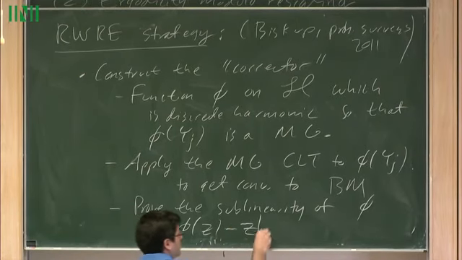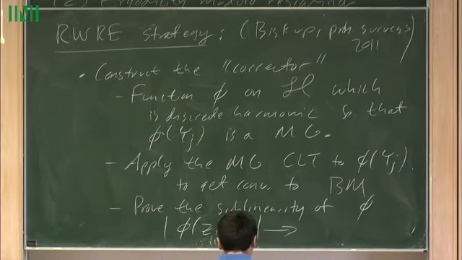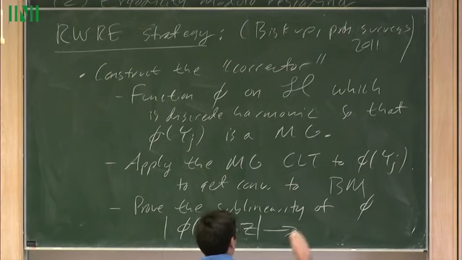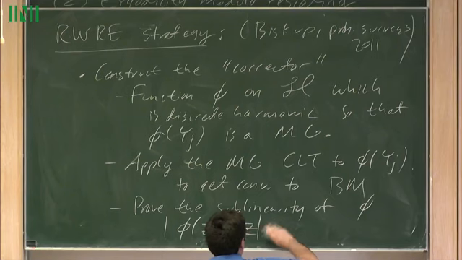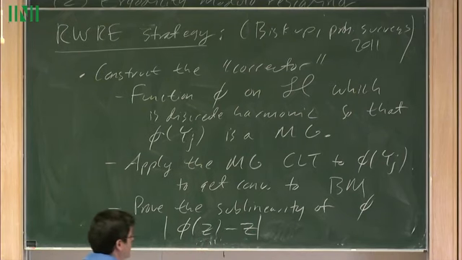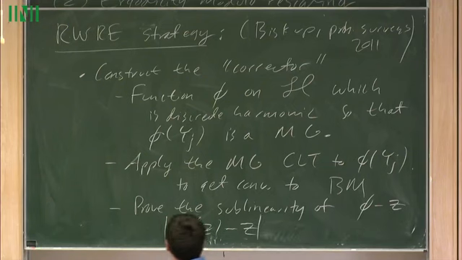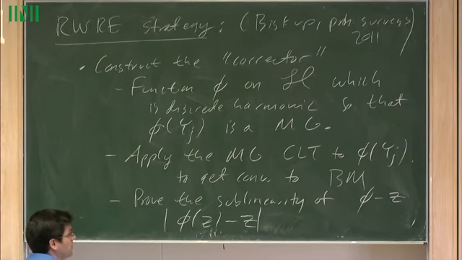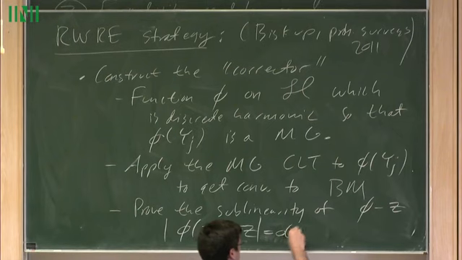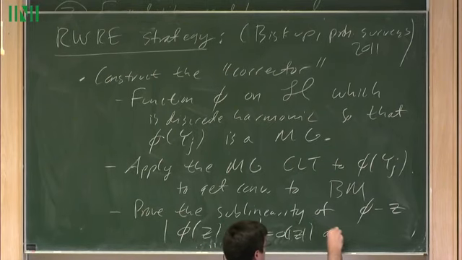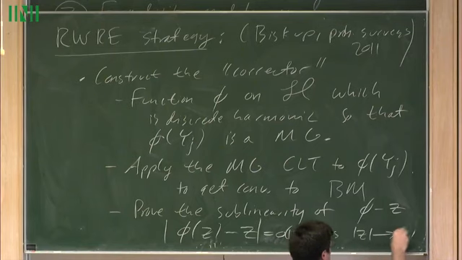So phi of z minus z goes to, basically, sublinearity of phi of z minus z. Okay, so what you want is that this difference is little o of z as z goes to infinity. Okay?